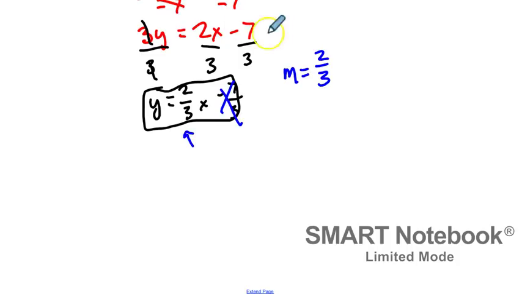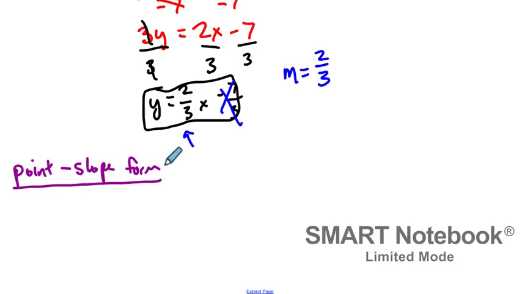So the first thing, my chosen method, the thing that I prefer, is to now just jump straight into point-slope form, because it's the least amount of work, but there's a little bit of memorization that you have to do. If you don't know point-slope form, you're going to have to memorize the template for point-slope form.